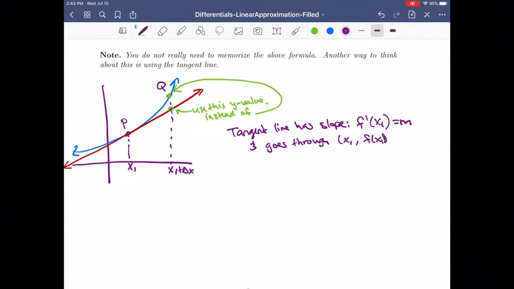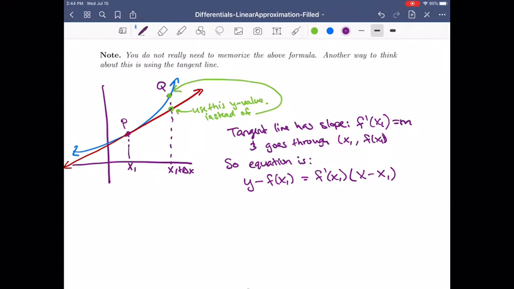So we can make the equation: y minus f of x1 equals the slope f prime of x1 times x minus x1. That's the equation. If I rearrange and solve for y, I get f prime of x1 times x minus x1 plus f of x1.